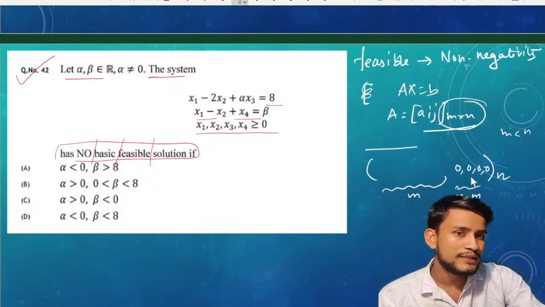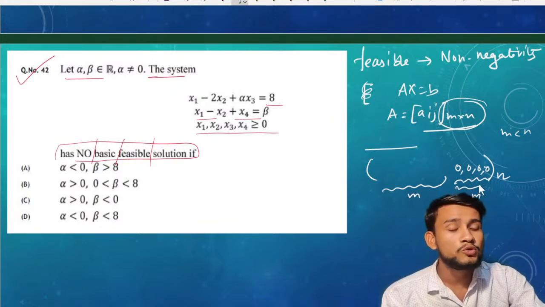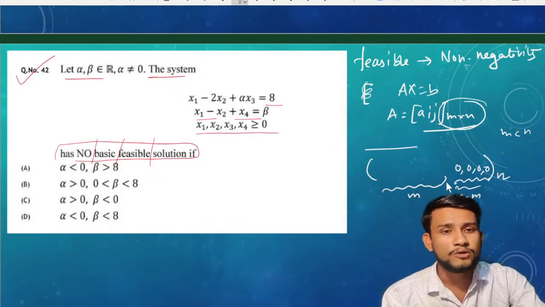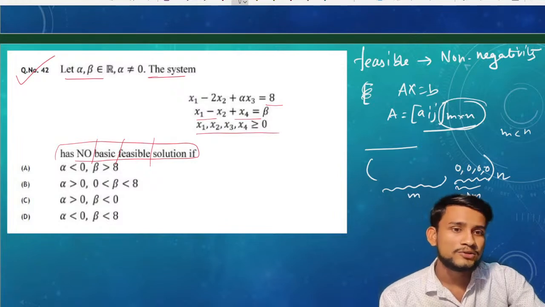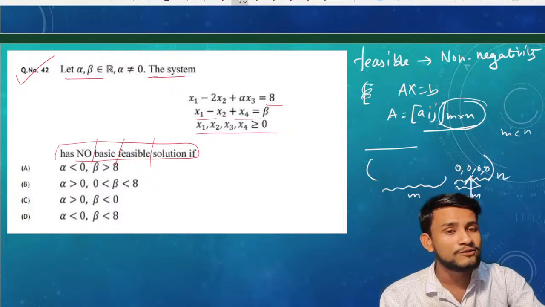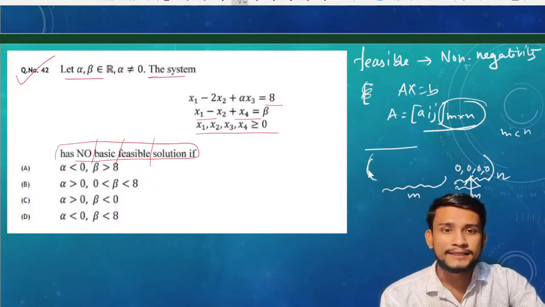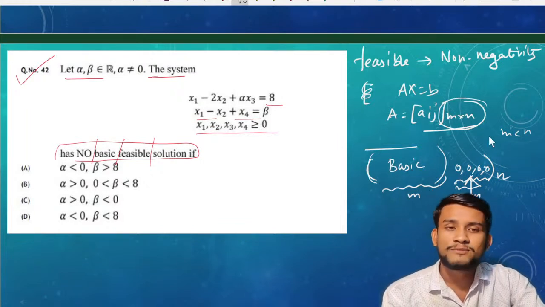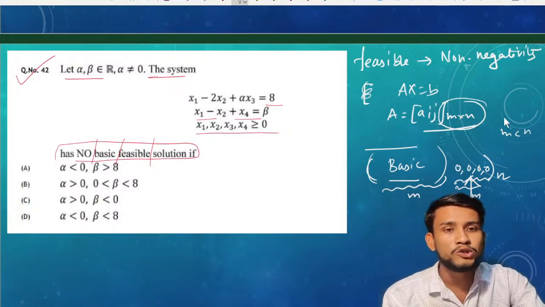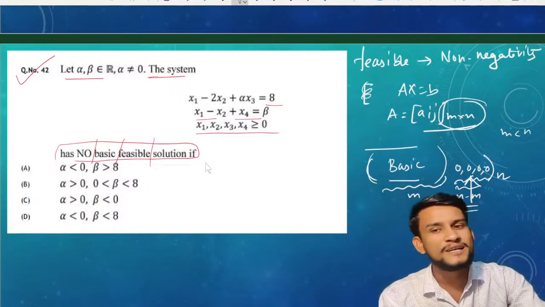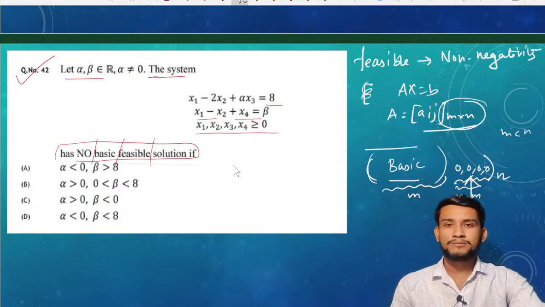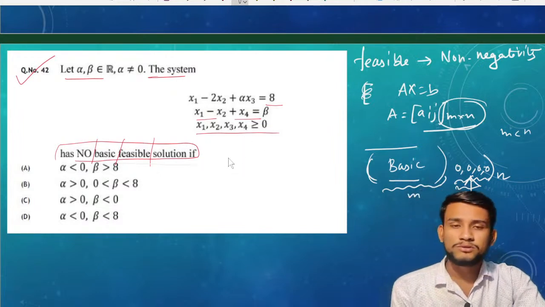These variables which we put 0, to convert this system to a balanced system, are called the non-basic variables. We already discussed it, and the remaining m variables are said to be the basic variables. Basic variables with the non-negativity condition give the basic feasible solution. We first have to understand this, and then we go to the solution.